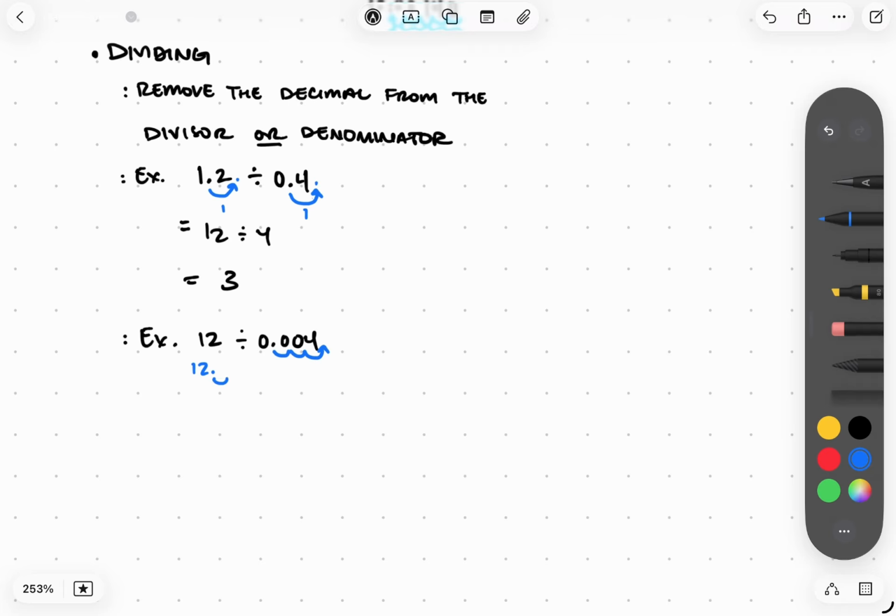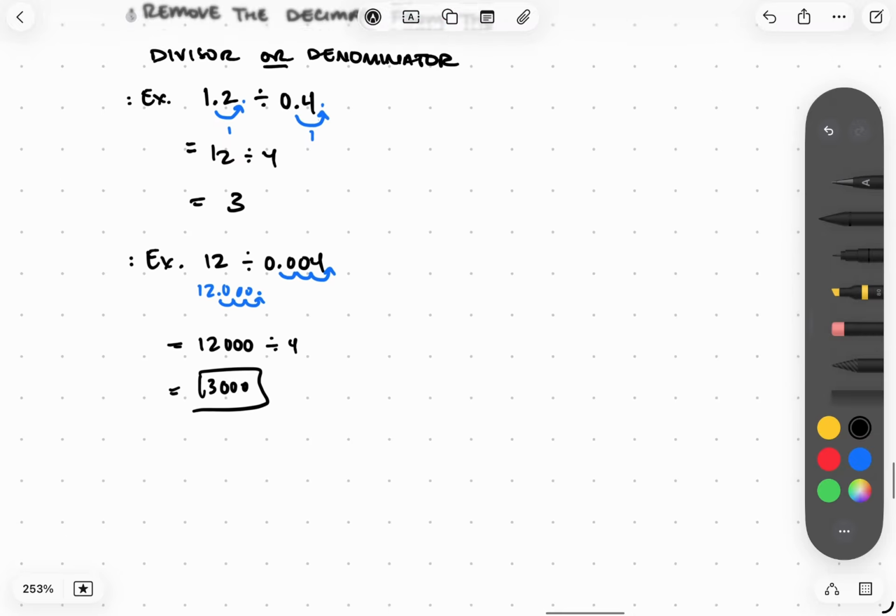I'll move it 1, 2, 3 spaces as well: 0, 0, 0, new decimal there. So I will then get 12,000 divided by 4. I could do long division for this, or I could just know that it's 3,000. So if you need to do long division, you could do that as well.